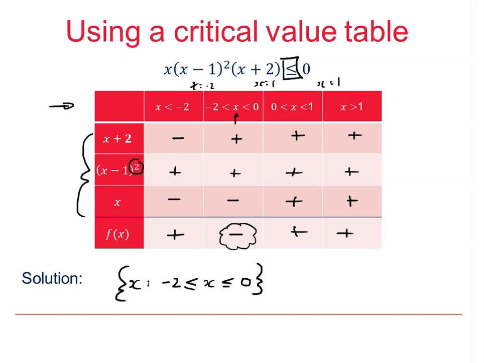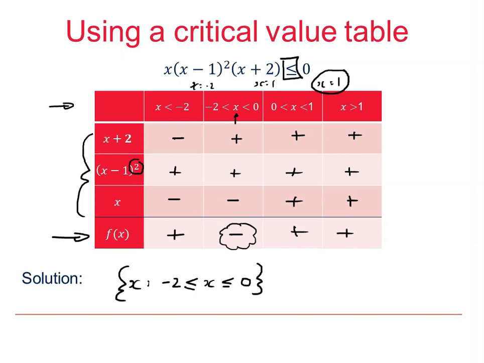Now looking at the final line there, you might think, well, that's our full solution, but remember that we've got less than or equal to, so we must consider those critical values carefully, and there's one other value where x is equal to 1, which will give us 0 for the function.